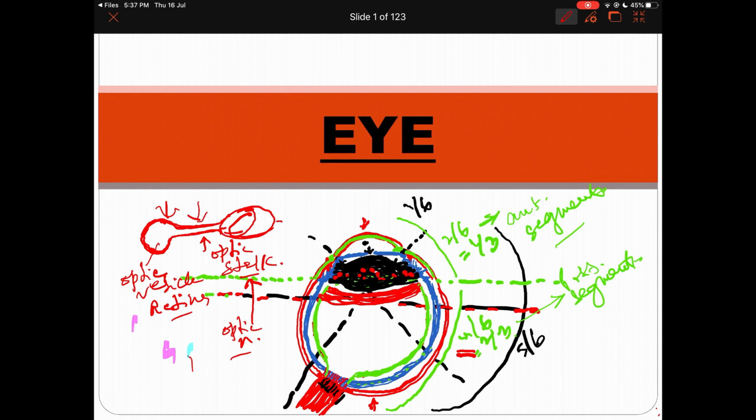No, because this retina in the form of layers is the neural layer here, and this is the epithelial, the retinal pigment epithelium, but they will not remain like this. In fact, they will collapse in such a way that initially they were like this, but later on they will be like this.